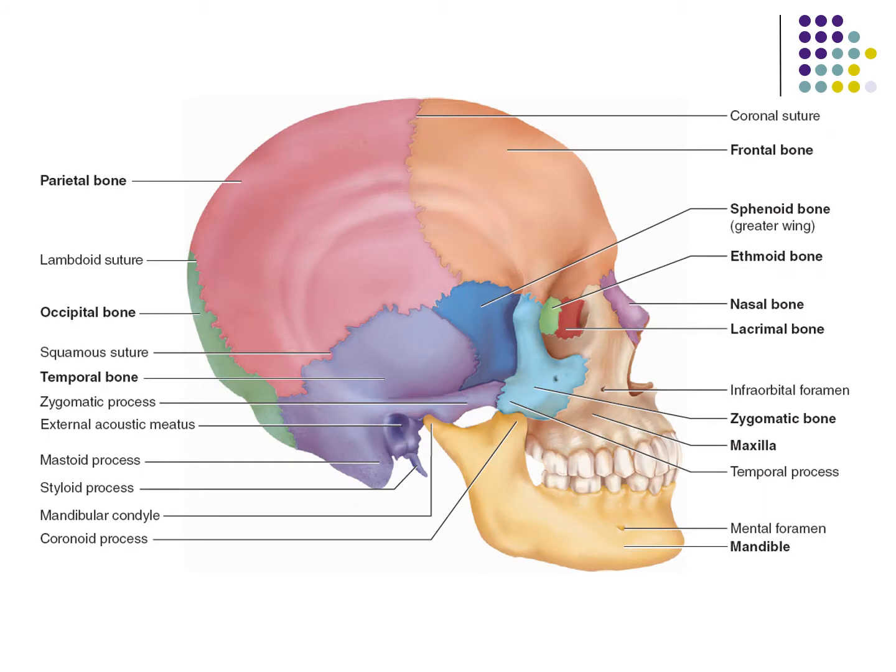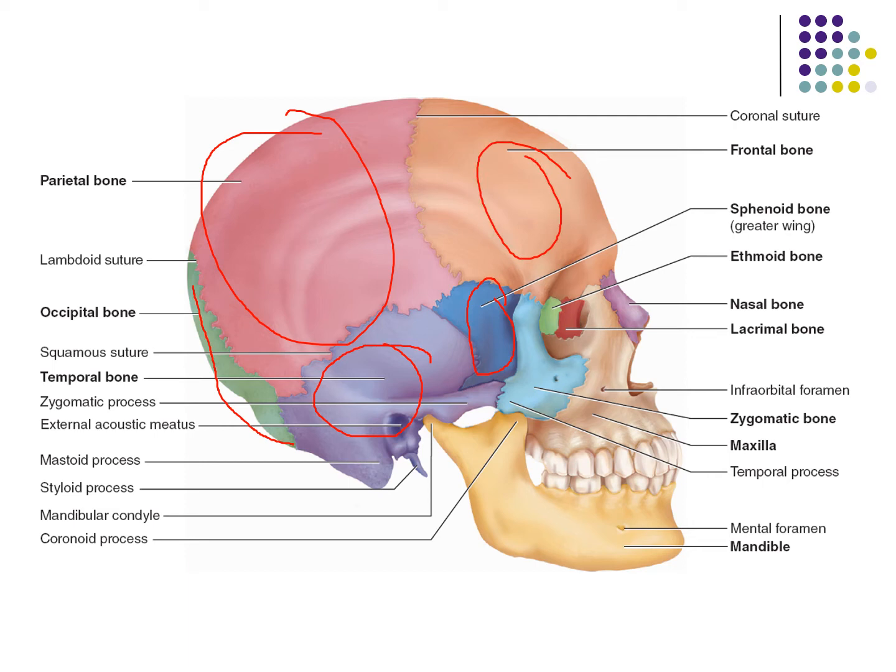Again, we have the occipital, which is in the back, the parietal, the temporal, the sphenoid, and the frontal.